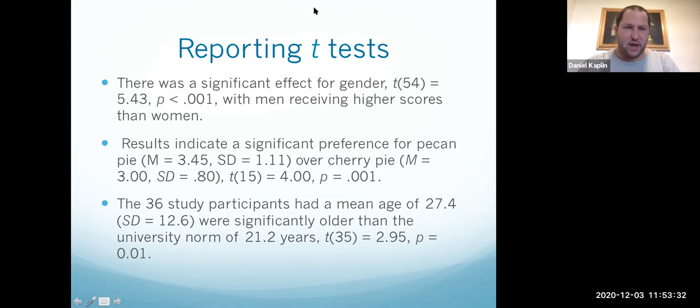Now, it's interesting on this slide, the first bullet point would be a good example of an independent samples t-test. The second example is a good example of a repeated measures t-test. And the third example is a one sample t-test. Let me explain. In the first example, gender was categorized as a dichotomous variable.